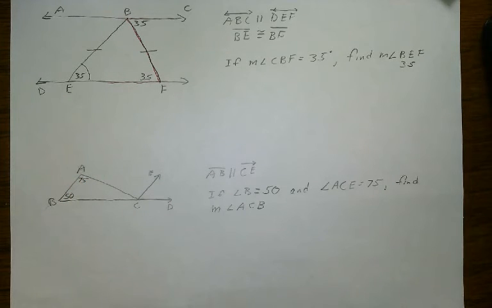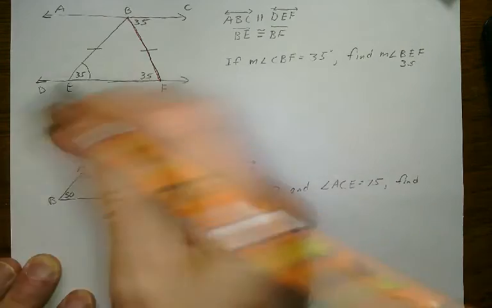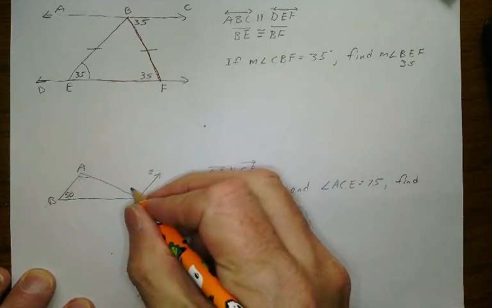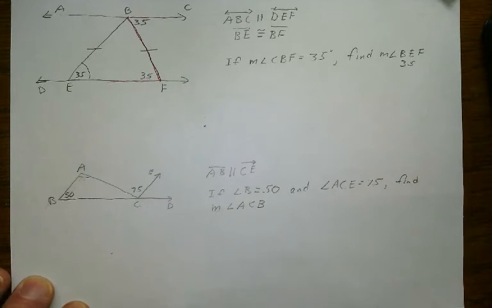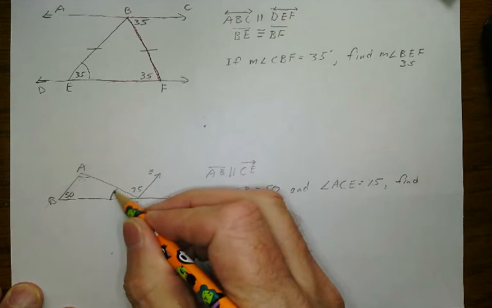Find angle ACB. Wait a second. Oh, that's not ACE. My bad. ACE, right here. This is 75. Sorry, I drew it in the wrong spot. Find angle ACB. This is the angle we're trying to find.